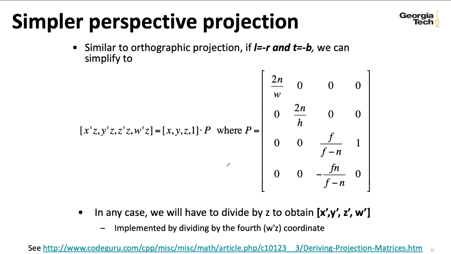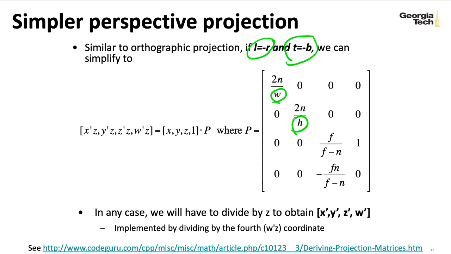Just as we saw with orthogonal projection, rarely do I need the full flexibility of having a separate L and R and T and B. Usually I can assume that there's some symmetry going on, so I could just define a width and a height instead of having an L and R and a T and B, in which case the matrix on the last slide simplifies in the way you expect.